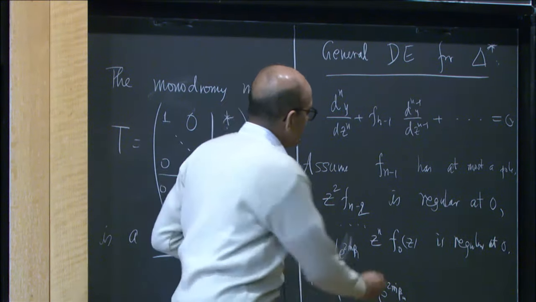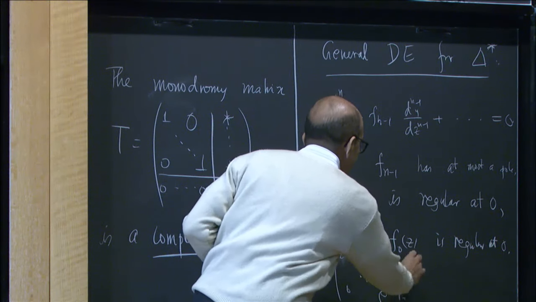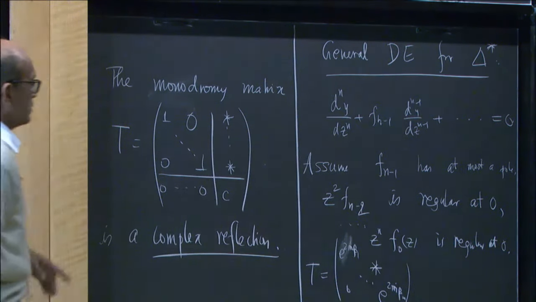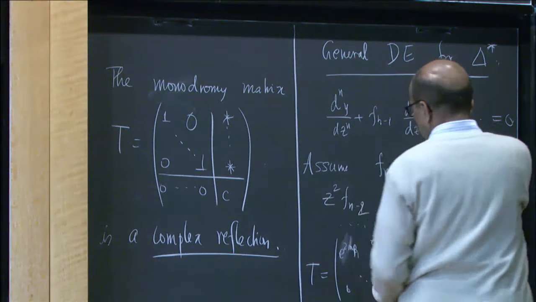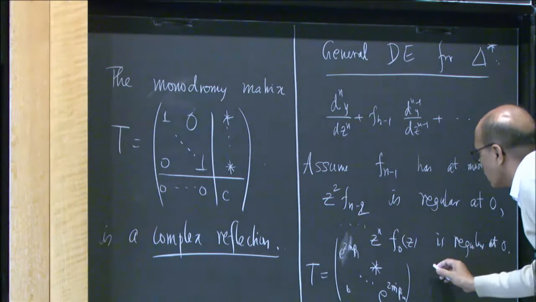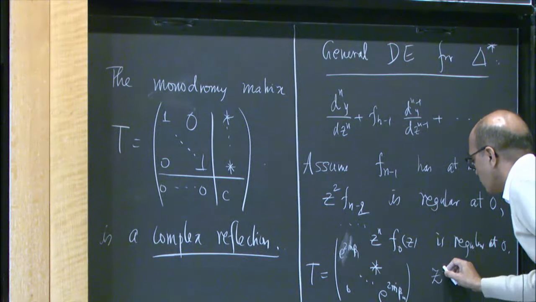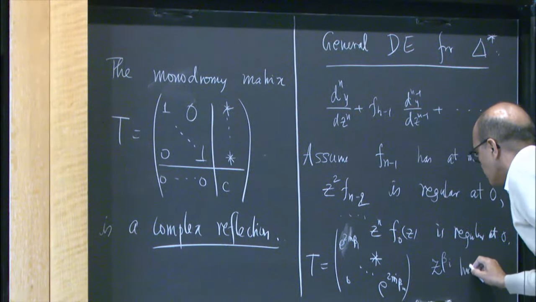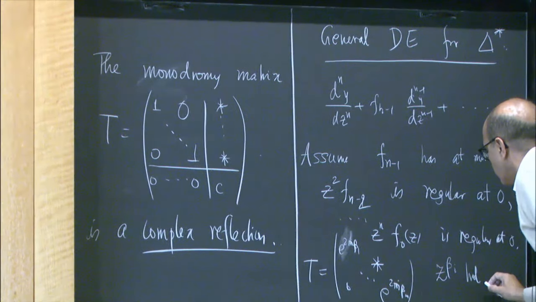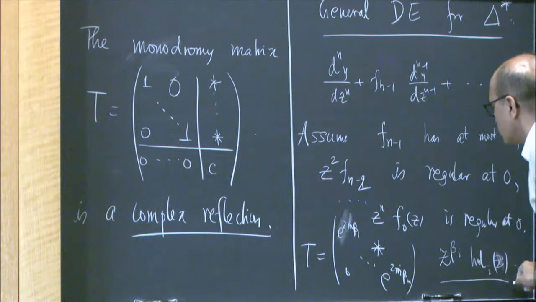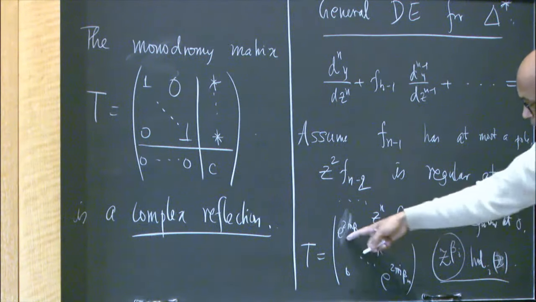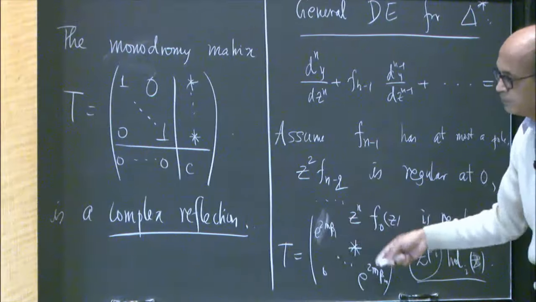In case they are integers, you will get some unipotent stuff. Okay, so that is how the monodromy matrix looks. So instead of saying what the monodromy looks like, I could say what the solutions look like. They look like z to the beta_i times something holomorphic at 0. So this is the only singularity that would come.